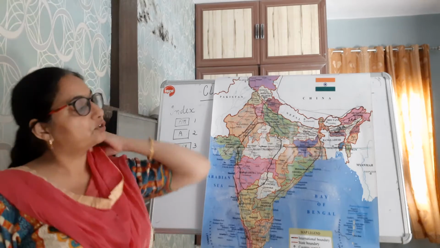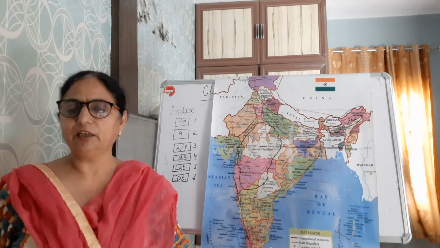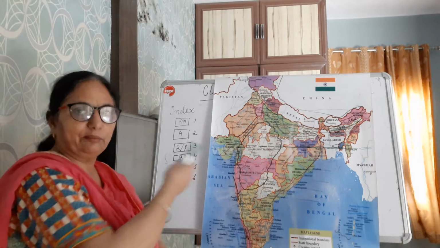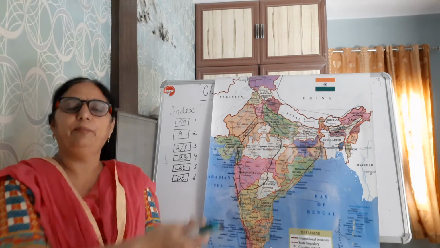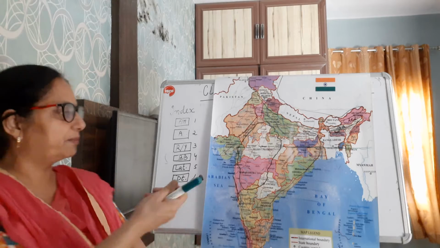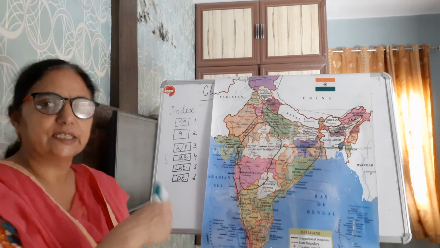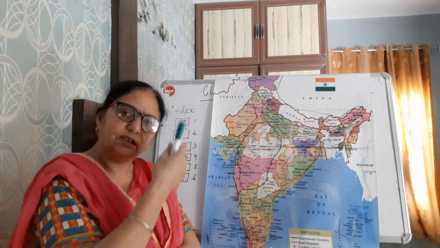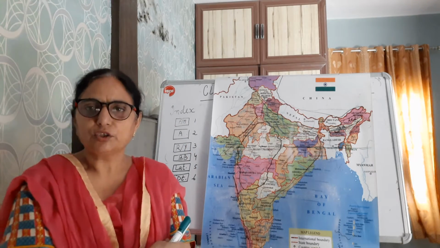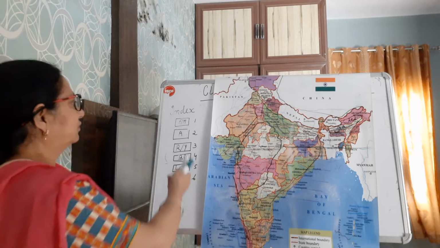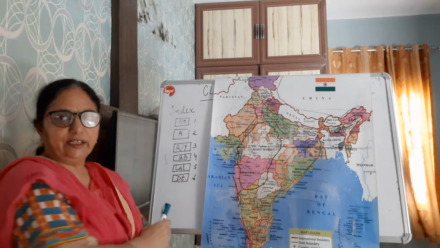Suppose it is only one map and one content, but I will show six different types of soils on one map. There may also be many other things like crops, dams, roadways, railways, airports, seaports on the same map if you have to show them. So in that way you have to show the index first.